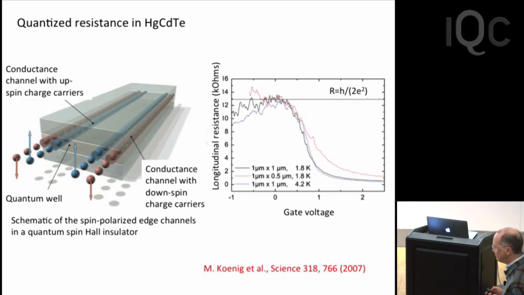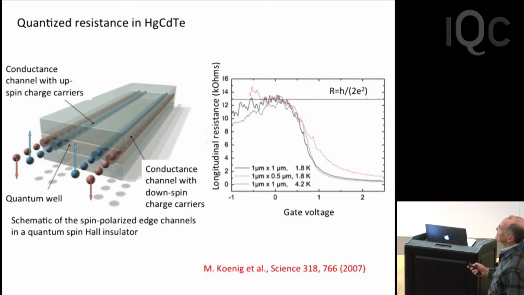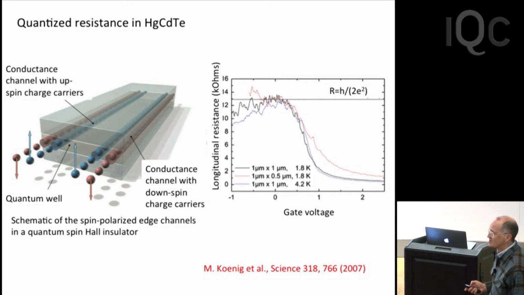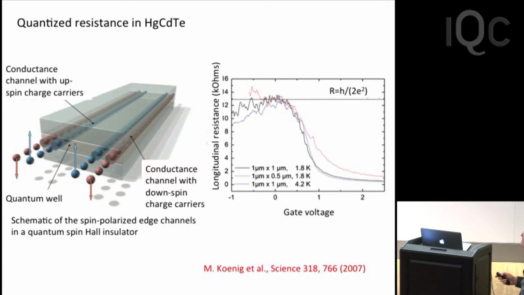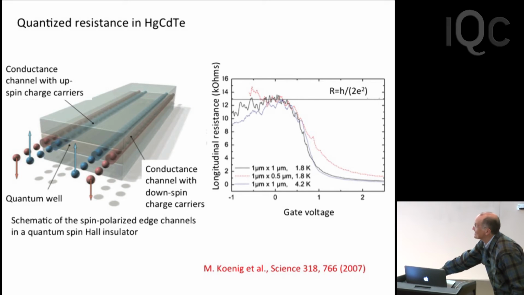If the sample is sufficiently short, it turns out that scattering is such that if the samples are more than a few microns long, then you lose this conductance quantization.